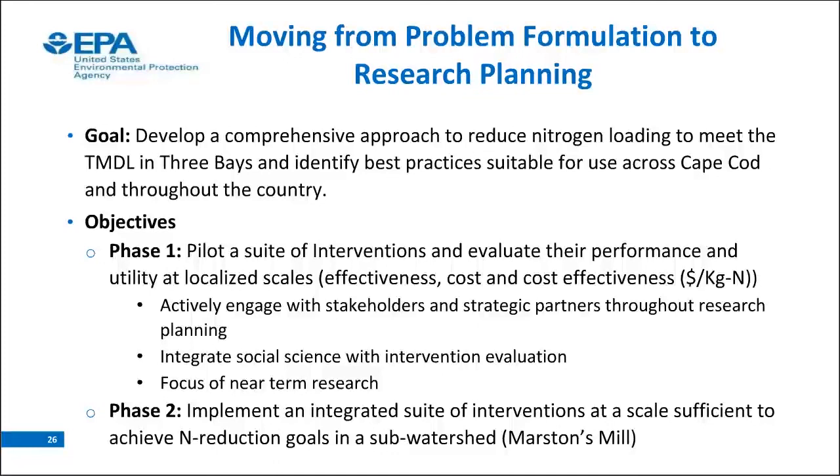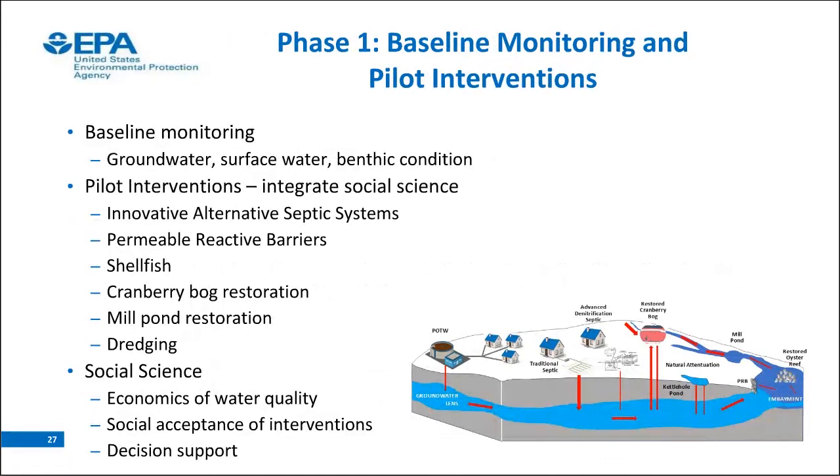Phase two would be implementing an integrated suite of interventions at a scale sufficient to achieve nitrogen goals in a sub-watershed. So this, we heard over, was pick a small system, hit it hard, evaluate it, and understand it. So we're looking at narrowing down the interventions, and then we'll look at scaling that up to a sub-watershed. That's phase two.